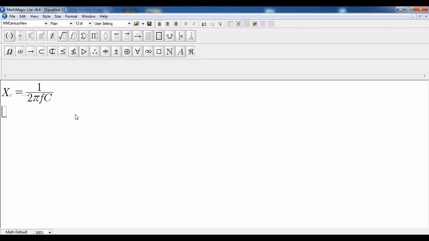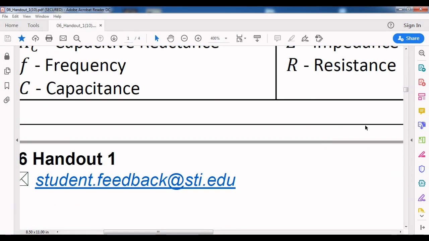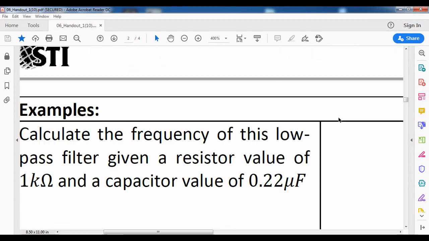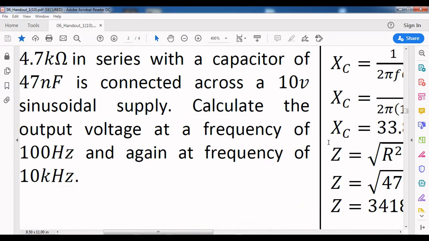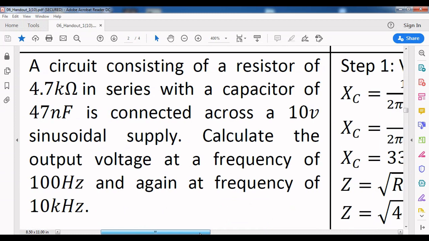So in this case, from the problem, we were given two frequencies. Okay. Let's determine the first one. So our capacitance is 47 nanofarad and the first frequency is 100 Hz. Let's take a look at that.